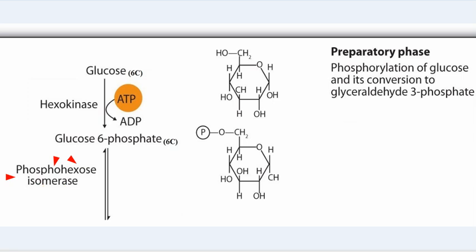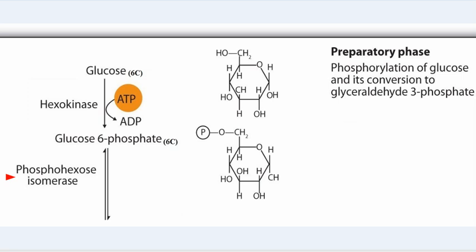This isomerase acts on hexose. Glucose is a hexose, fructose is a hexose. And this isomerase acts not only on hexose but on phospho as well. So we will say phosphohexoisomerase. By this phosphohexoisomerase, we will convert one hexose phosphate into another hexose phosphate.